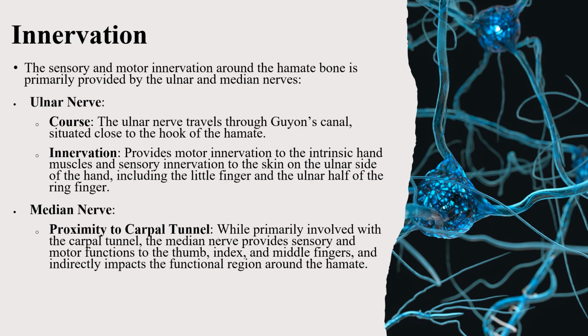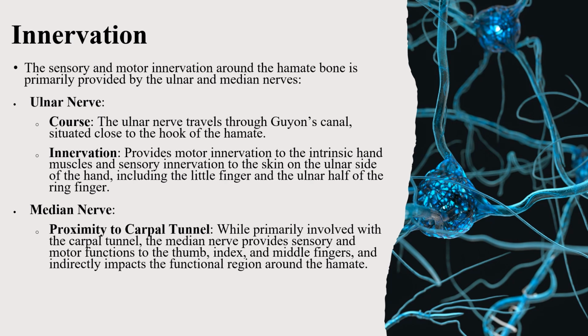When we talk about the innervation of the hamate bone, the sensory and motor innervation around the hamate is primarily provided by the ulnar and the median nerve. The ulnar nerve travels through Guyon's canal and is situated close to the hook of the hamate, and it provides motor innervation to the intrinsic hand muscles and sensory innervation to the skin of the ulnar side of the hand, including the little finger and the ulnar half of the ring finger.